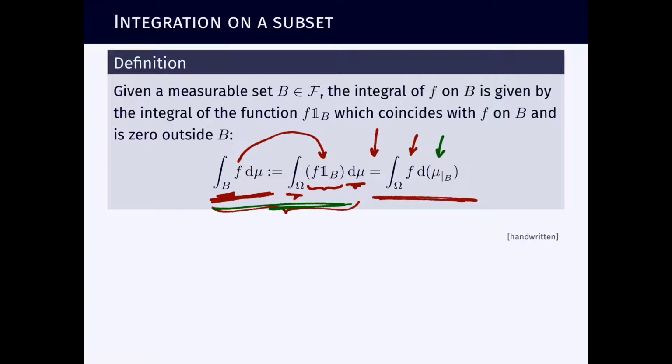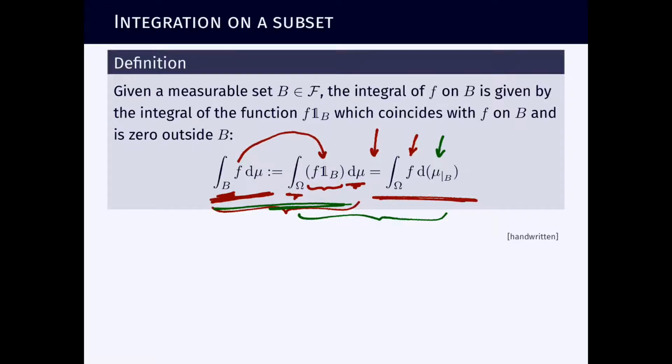And why these two are equal is a very interesting and typical argument in the theory of integration. We're going to see part of the proof now and part of the proof next week, as a particular case of a standard procedure to prove properties involving integrals.